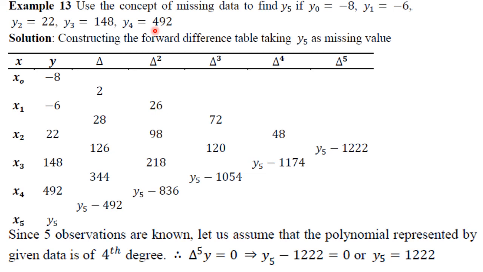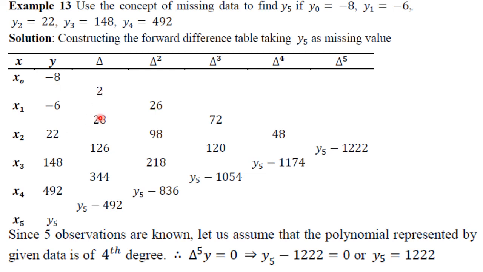So student, first of all, you need to find the fifth value. Just write the values x naught, x1, x2, x3, x4, and finally x5. And these y values are given here, students. See, y values are given, and since you don't know the value y5, you just write y5 here. And now students, just take the forward difference operator. -6 minus -8, so 2.